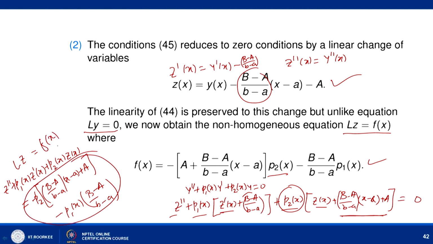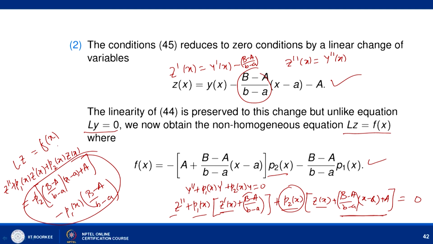So, now by changing the non-homogeneous boundary condition to a homogeneous boundary condition, we have used this transformation, but this transformation, while it changed the boundary condition to homogeneous, also changed the homogeneous equation to a non-homogeneous equation.